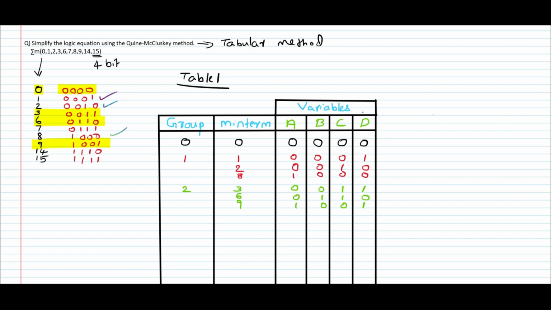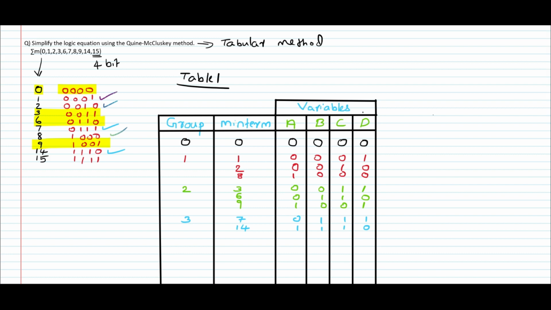And next is group 3. Group 3 means min terms having 3 ones in it. You can clearly see 7 is there and 14 is there. So min terms 7 and 14. For 7 it is 0, 1, 1, 1 and 14 is 1, 1, 1, 0.